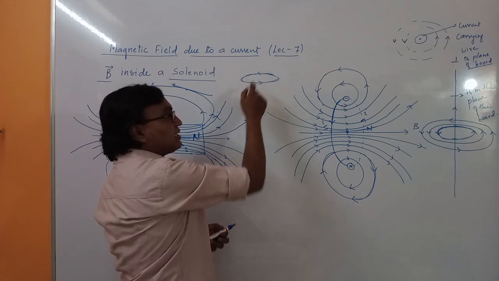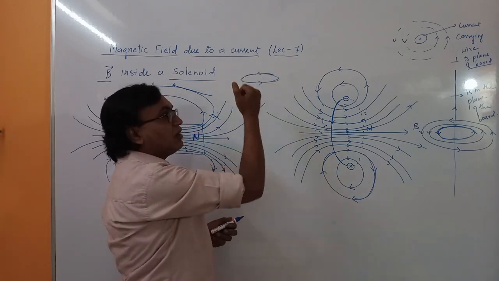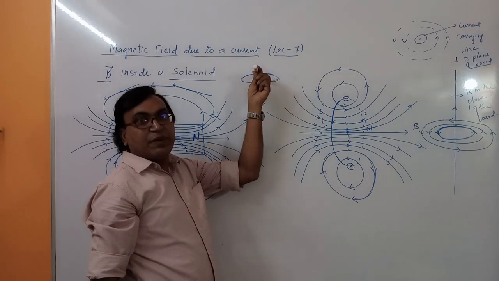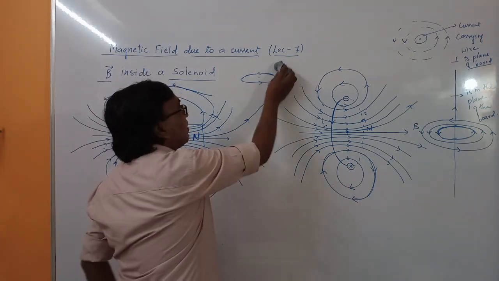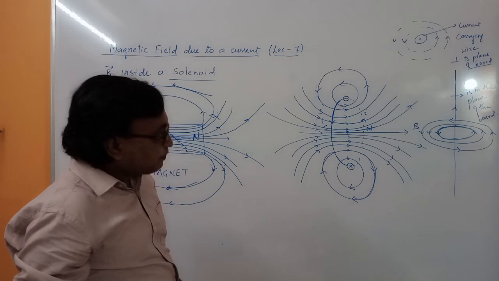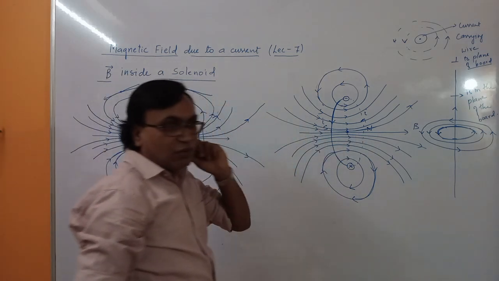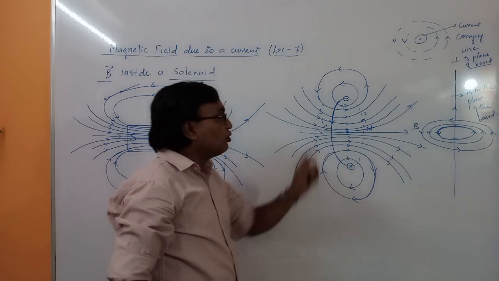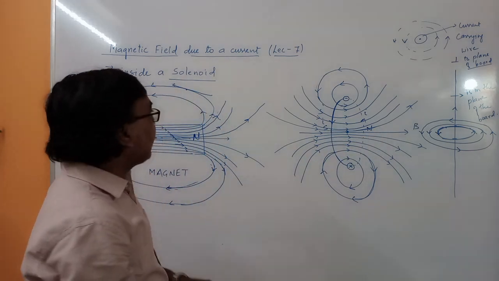So the magnetic field direction will be perpendicular to that plane. If this is north and this is south, the direction of the field will give you the north and south poles of an electromagnet.